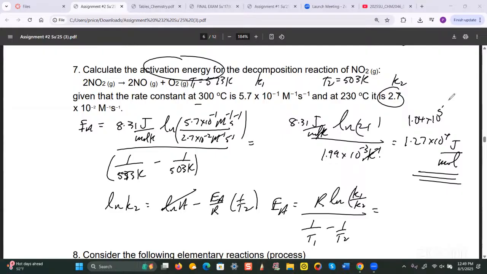We got 1.27 times 10 to the 4. Let me check the bottom part here.